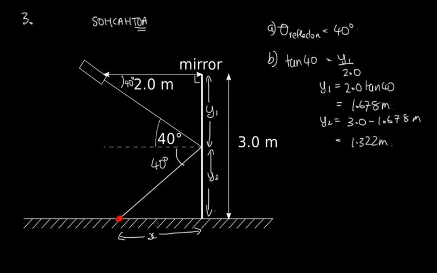And now what we're trying to find out is this X. So we've got that this is 40 degrees here. So by exactly the same reasoning as up here, we know that this angle in here is 40 degrees.